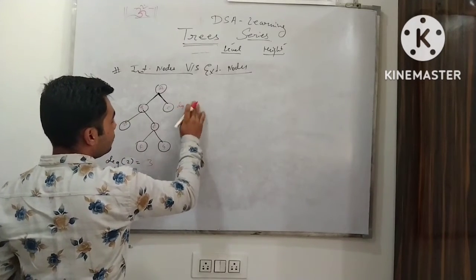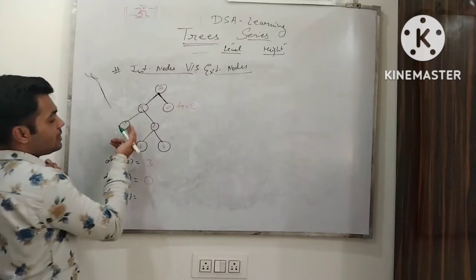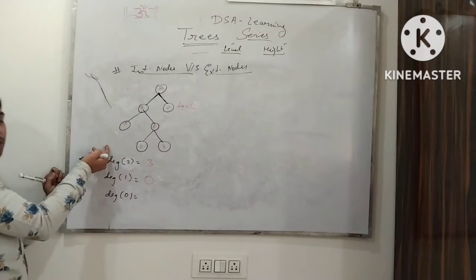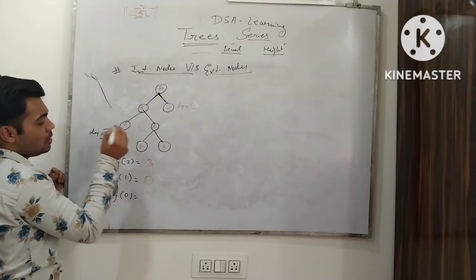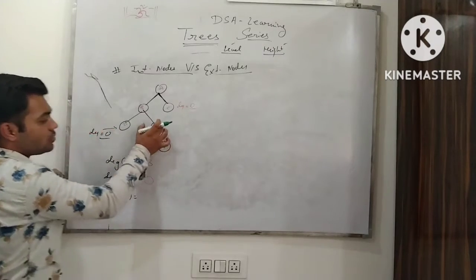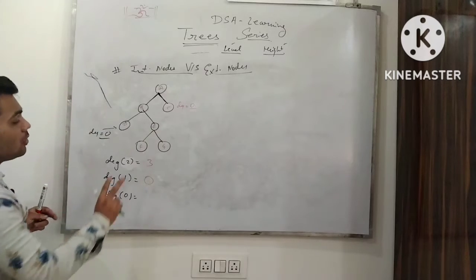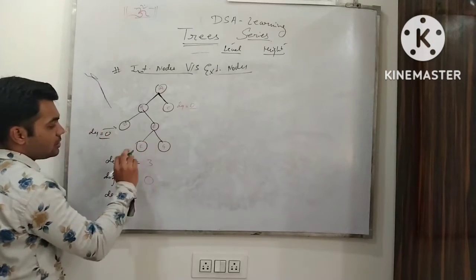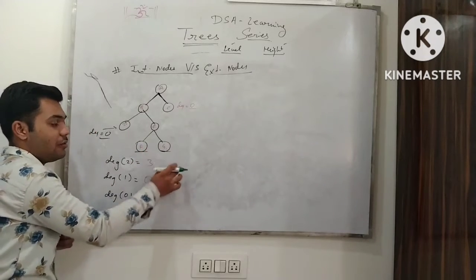Degree is 0. Okay, let's come to D. Does D have any further child? No. So the degree of D is 0. And E has 2 children, so the degree of E is 2. F and G are the children of E. Do F and G have further children?